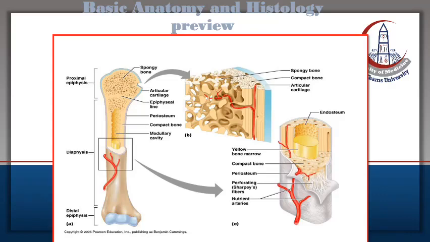It is the area responsible for gaining length in the long bones. It becomes completely ossified at age of about 21 years, after which the bones cannot gain any more length. The third part of the long bone is formed of shaft.